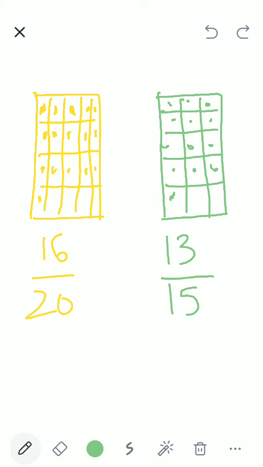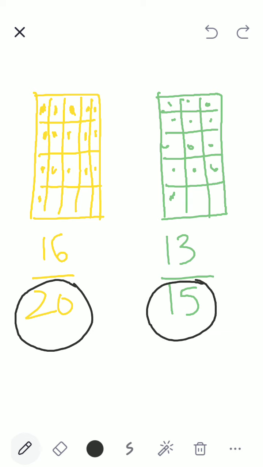How do you know? See, the moment the denominator changes, now it becomes difficult to compare. Some people are saying 13 by 15 is bigger. Somebody is saying 16 by 20 is bigger.